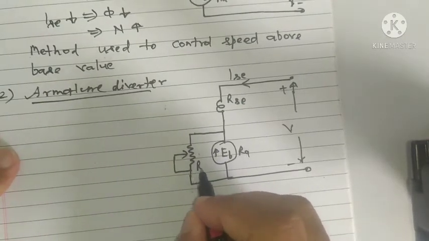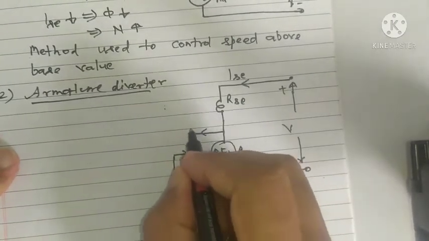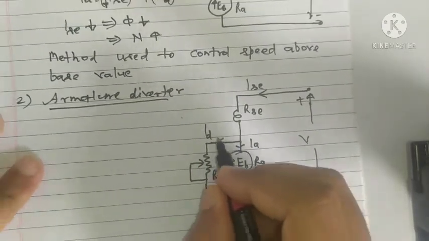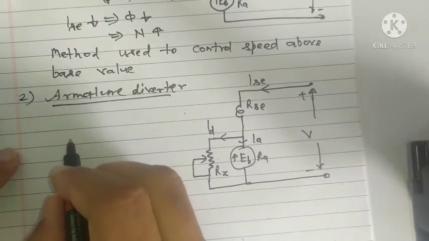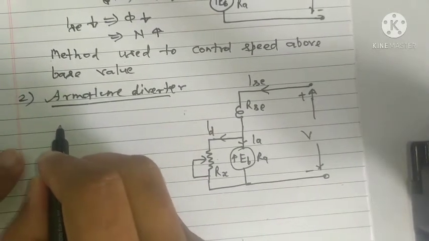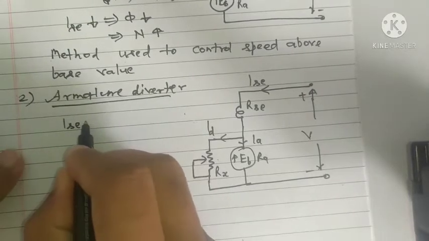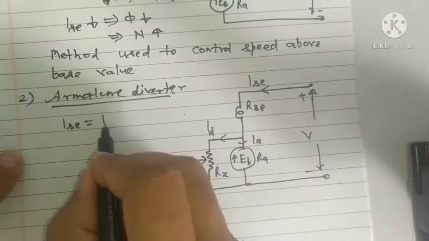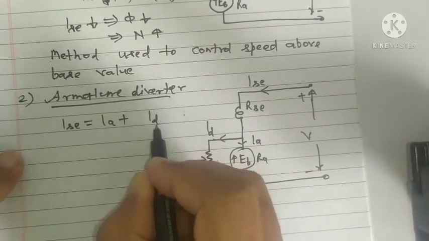So this is the external resistance, and there will be current ID, and current here is IA, right? And we can say ISC, the field current, is the summation of these two currents, IA plus ID.